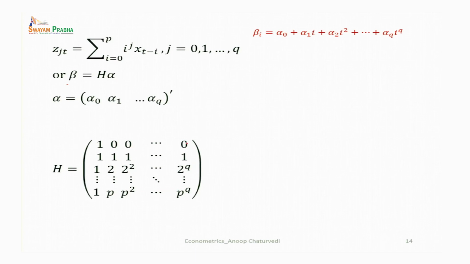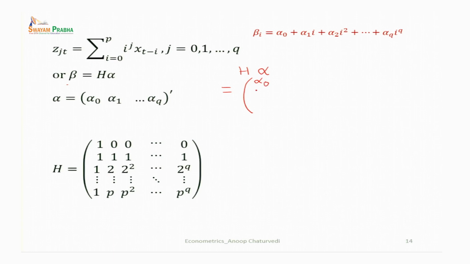The last column is 0, 1, 2 to the power q, so on, p to the power q. You can easily verify that the first element of h alpha is 1 into alpha naught plus 0 into alpha 1, so on, plus 0 into alpha q. So, it is alpha naught.